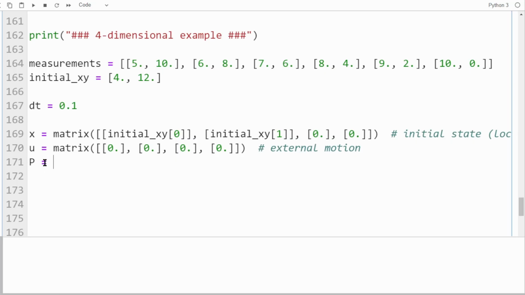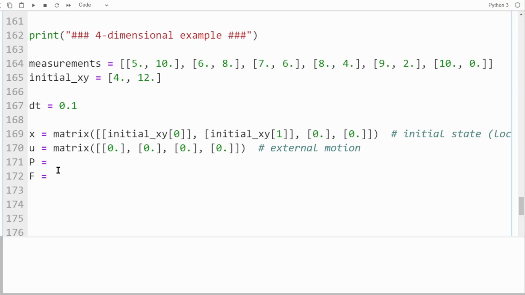P is the initial uncertainty. And I want you to initialize it so that the uncertainty for the xy coordinates is 0. But the covariance term for the velocities is 1000, indicating that we really don't know the initial velocity. We just know the initial position. I want you to plug in the F matrix.